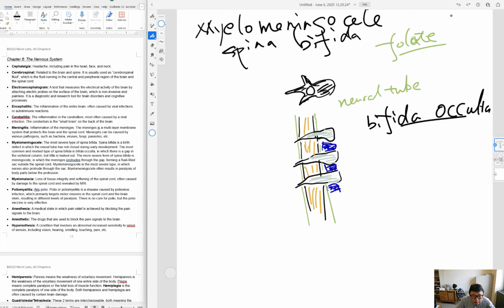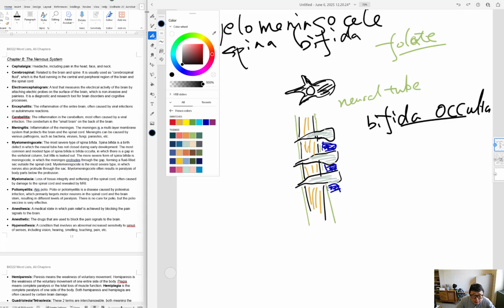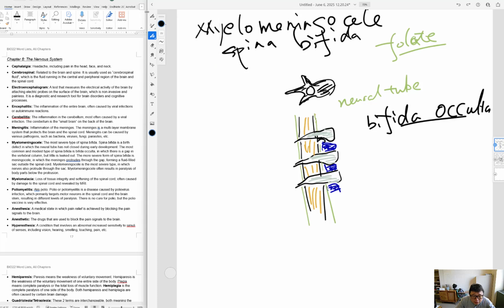Not only is there a gap in the tube, but now the meninges are getting out. The meninges herniate out, and this is worse. So this is called meningocele.